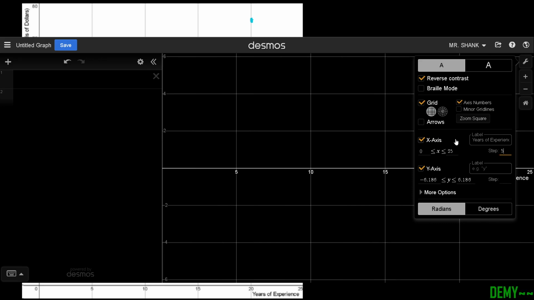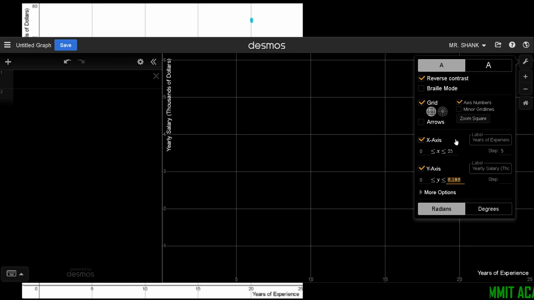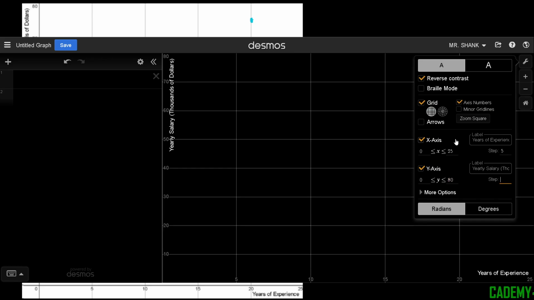And the similar idea for my y-axis, I'm going to say yearly salary in thousands of dollars. It goes from 0 to 80, and it counts by tens.